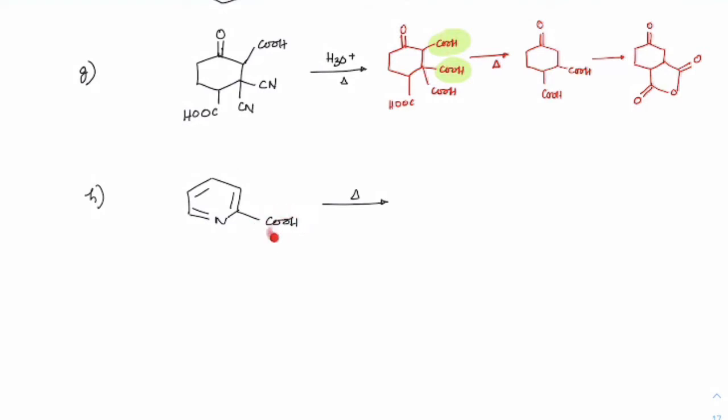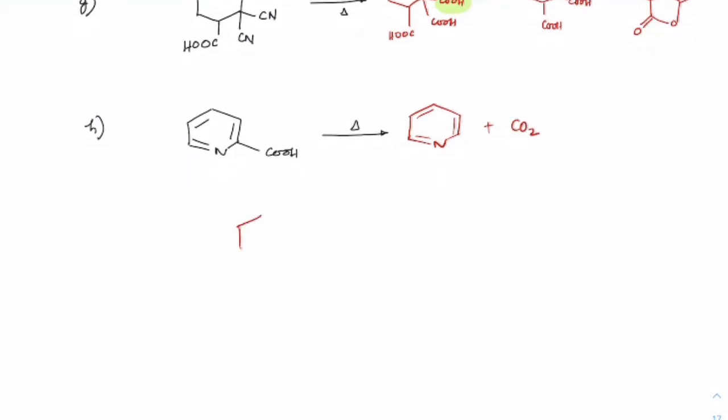Right. Next one, you can see this is pyridinic acid, where you have pyridine and then COOH connected to that. Here also on heating, we will get the pyridine form plus CO2. So to understand the mechanism, you can just check this.